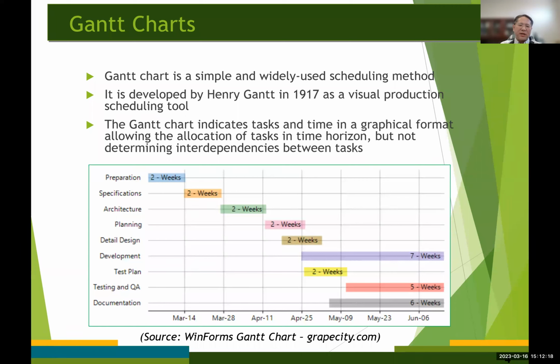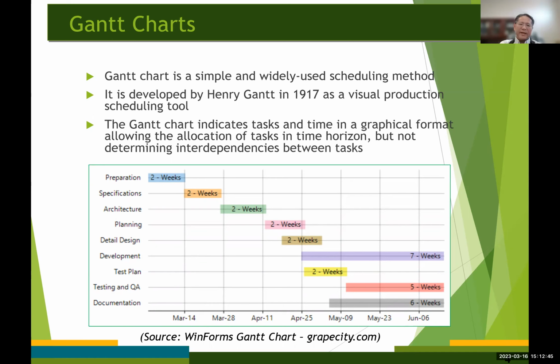So the Gantt chart is probably the simplest and also a very widely used scheduling technique today. The American engineer Henry Gantt developed a bar chart, which is called the Gantt chart, later in 1917 as a visual production scheduling tool.